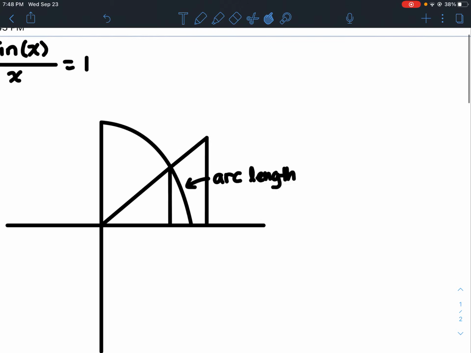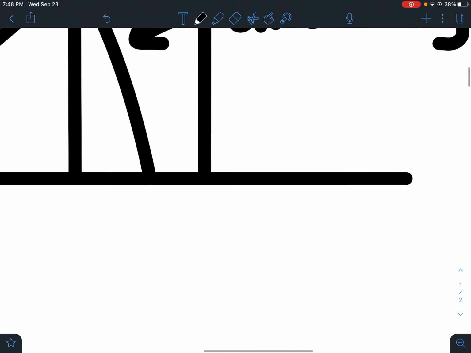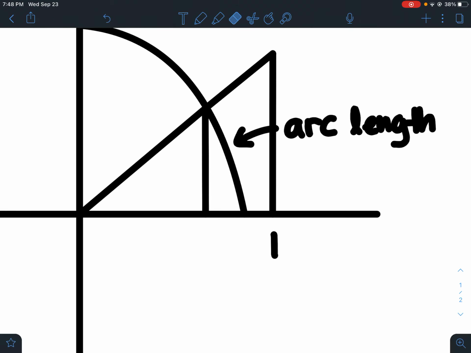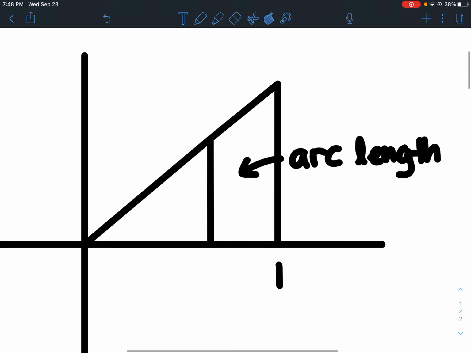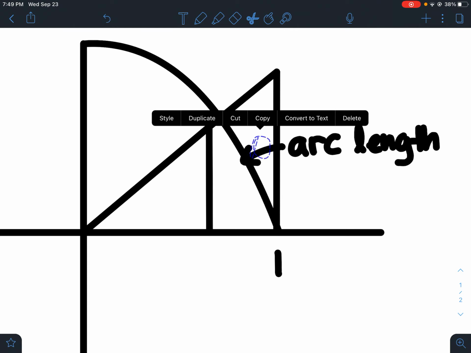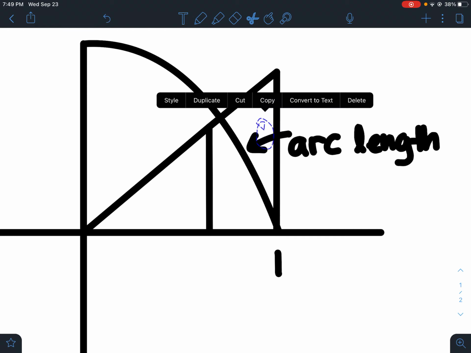And we know that the arc length is equal. So if this is 1, from here out to the tangential circle. This is the arc length.